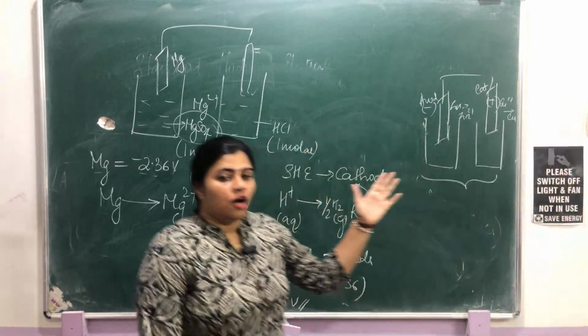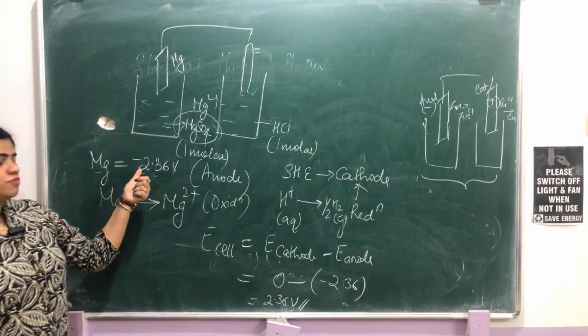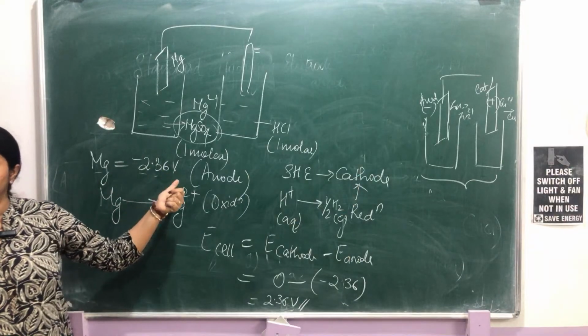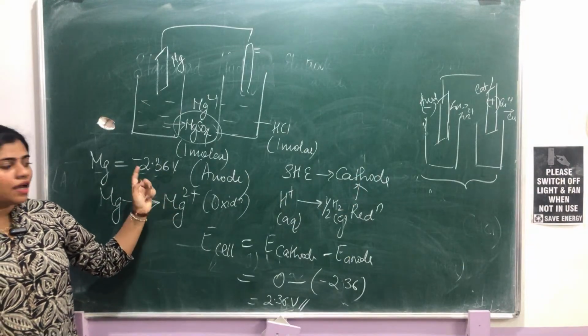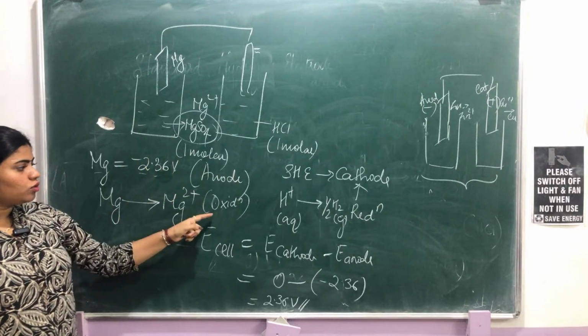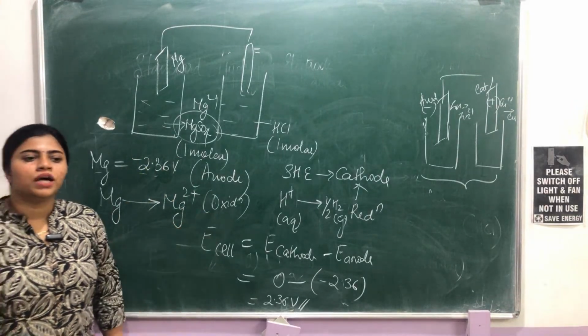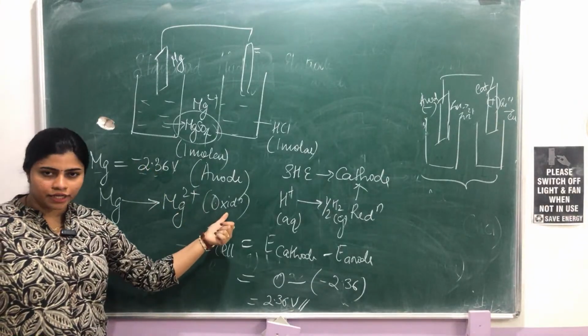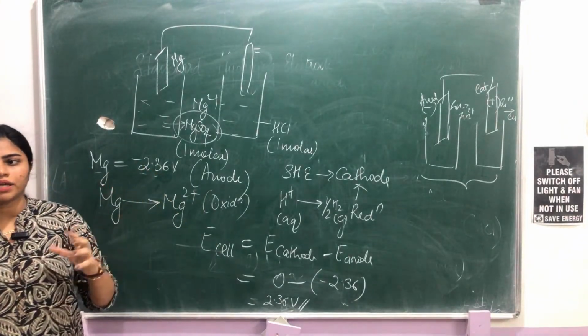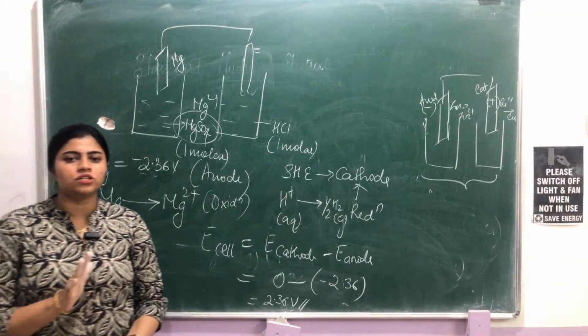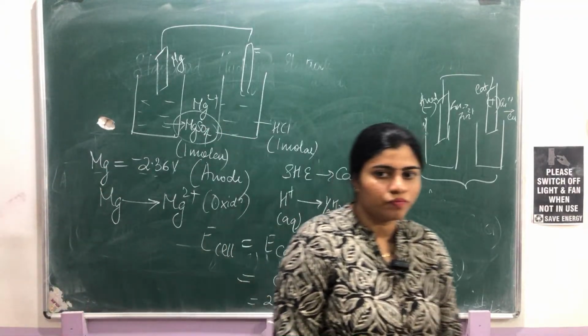Magnesium was given a value of minus 2.36. It's negative. And when it is negative, we know that oxidation reaction takes place. Now, if oxidation is taking place in magnesium, will magnesium itself act as a reducing agent or an oxidizing agent?